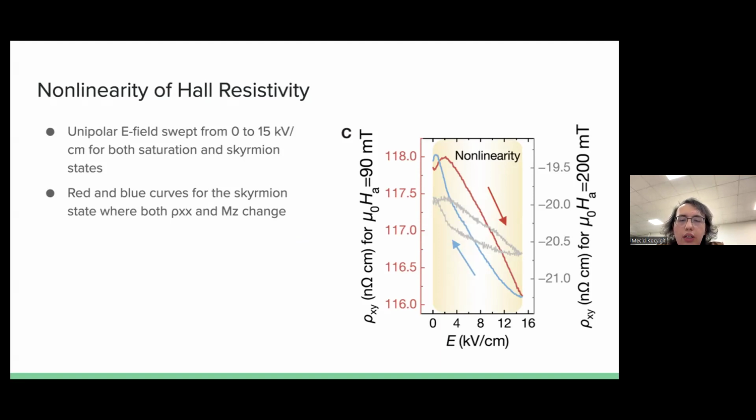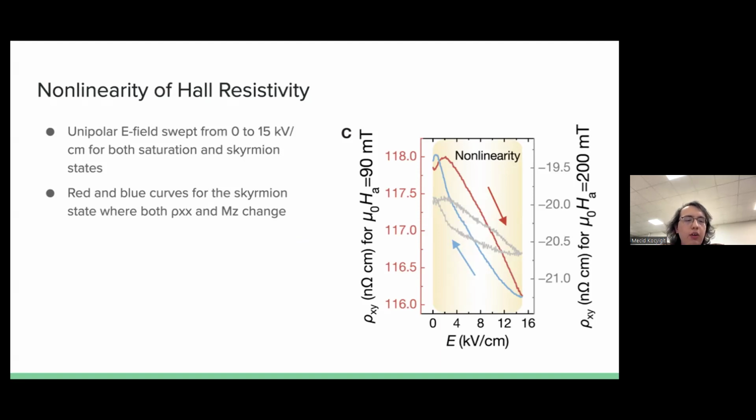Rho xy shows a half branch of a typical butterfly shape from a piezoelectric strain. So of course we got another nonlinear behavior here, and the gray curve right below the red and blue curves. By the way, red and blue indicate the direction of the sweeping electric fields.